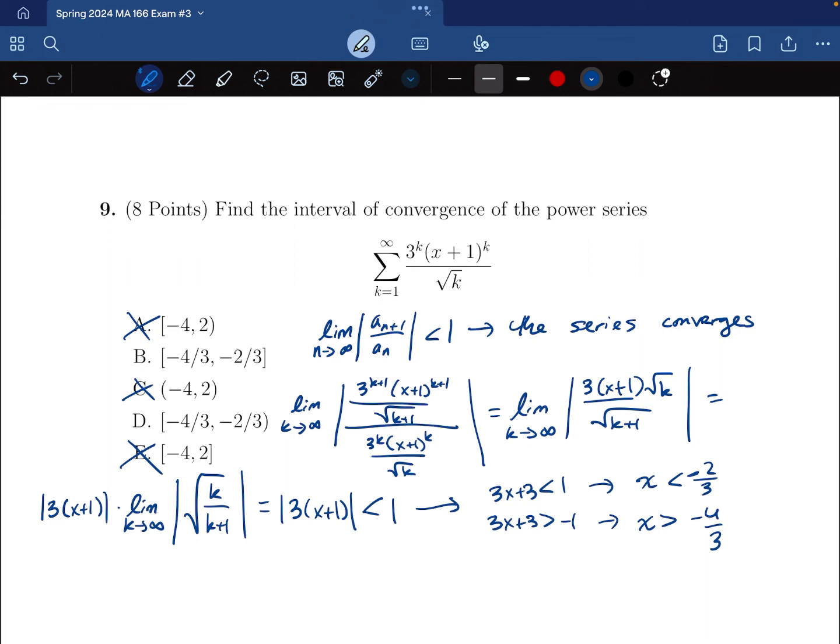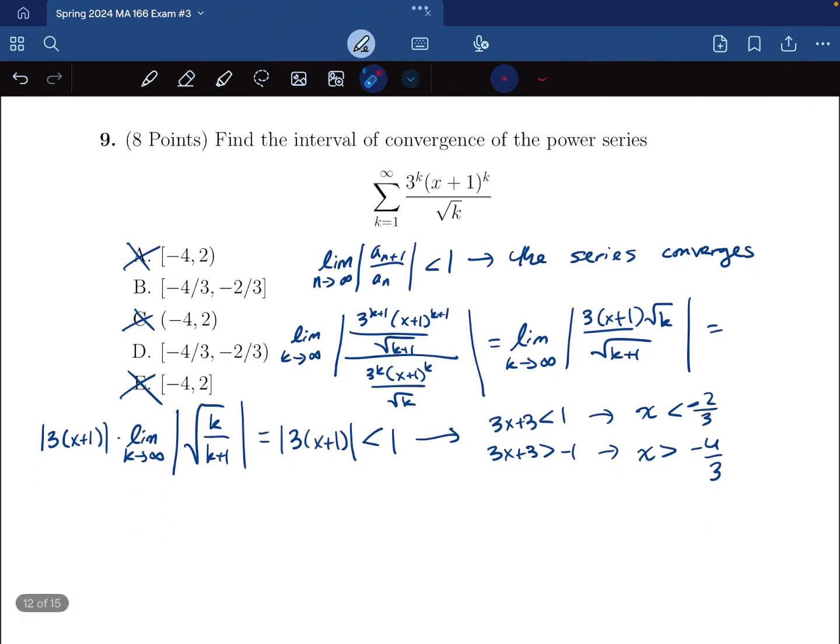So the answer is either B or D, and they're almost identical, except that for B, negative 2/3 is included in the interval, and in D, it is not included in the interval. So B is a closed interval, D is an open interval.